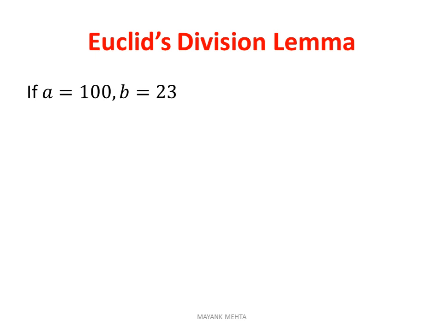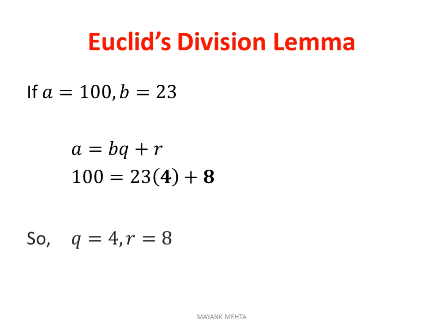Then I can write 100 in the form of 23 like that: 100 is equal to 23 times 4 plus 8. So here the quotient is 4 and the remainder is 8. If you don't know how to do it directly, then use the standard method. Do division, 100 divided by 23.